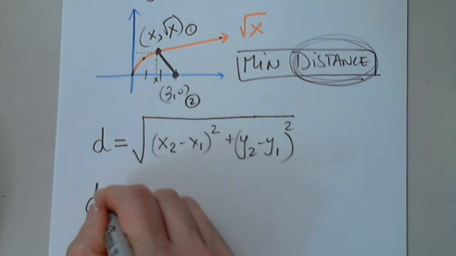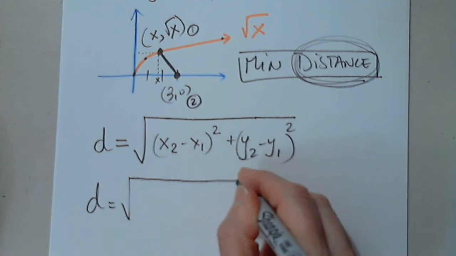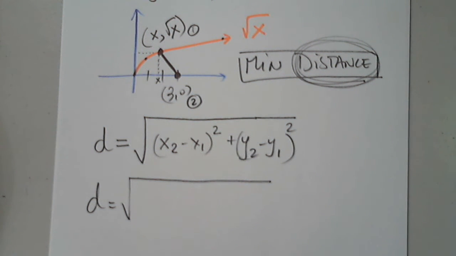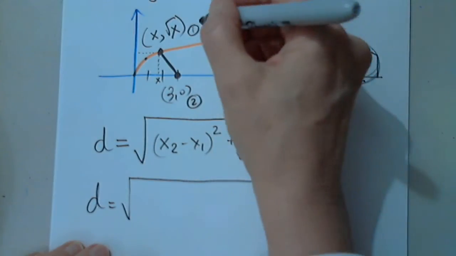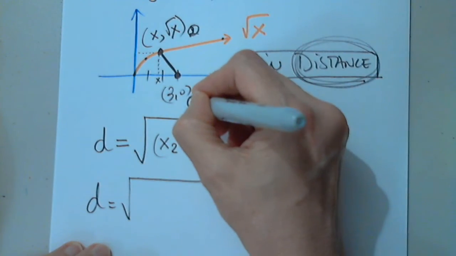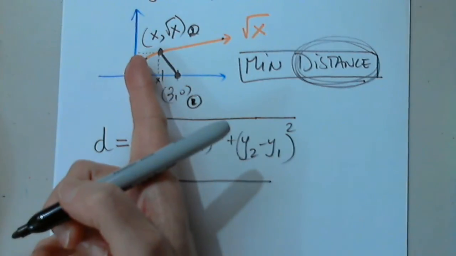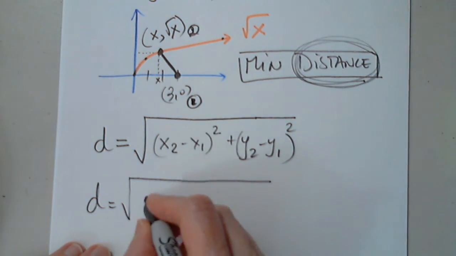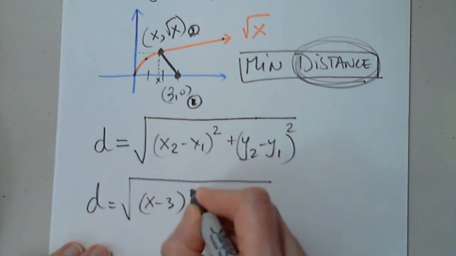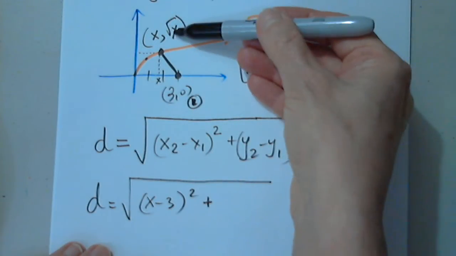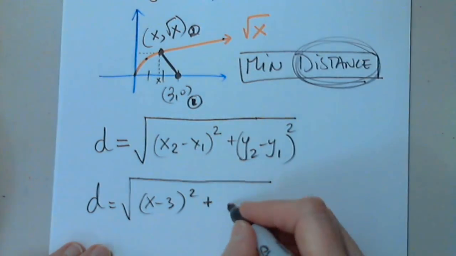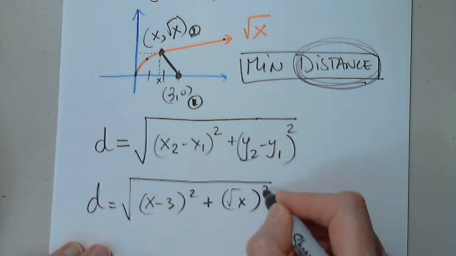Can anyone dictate how to write the distance? Is it going to be open bracket 0 minus? Yeah, so let's denote this as 1 and 2. So we can say x minus 3 squared plus the square root of x minus 0, squared.